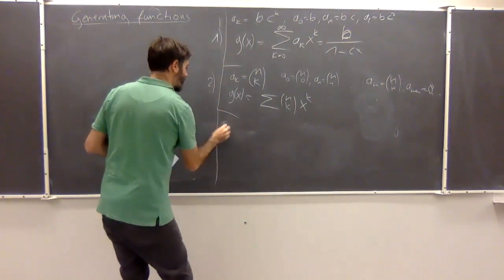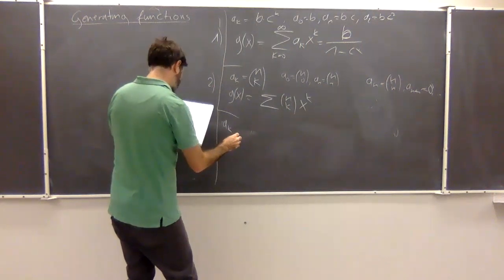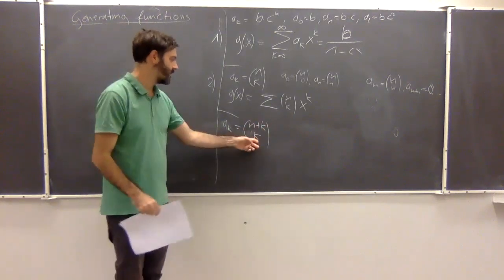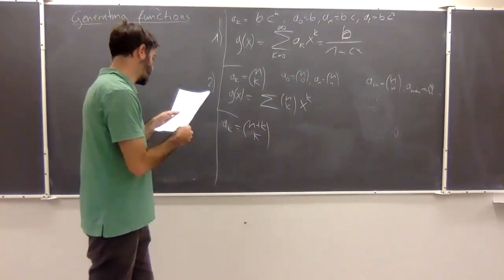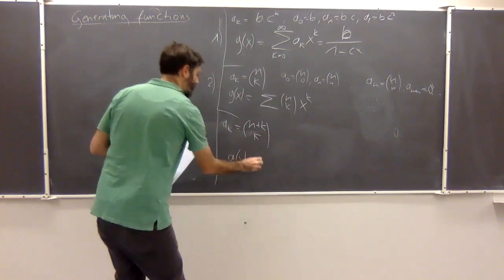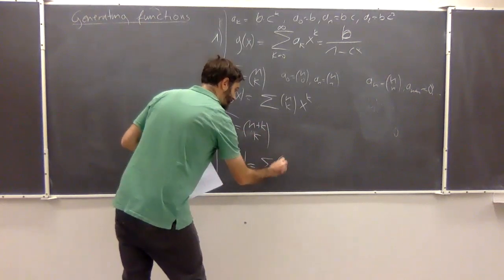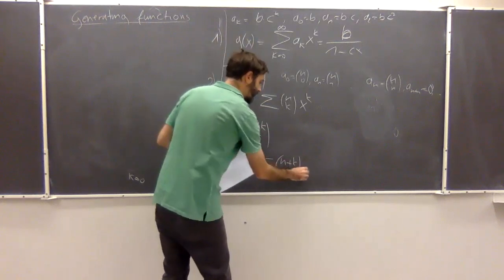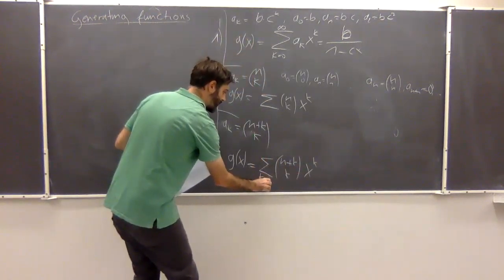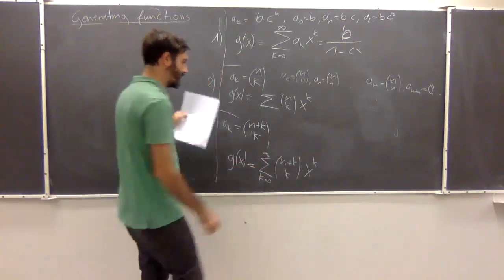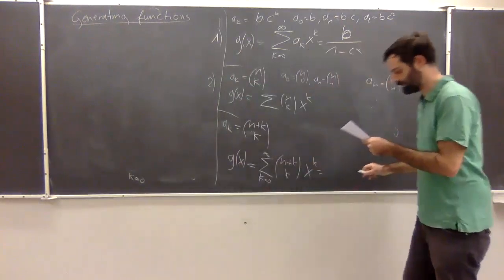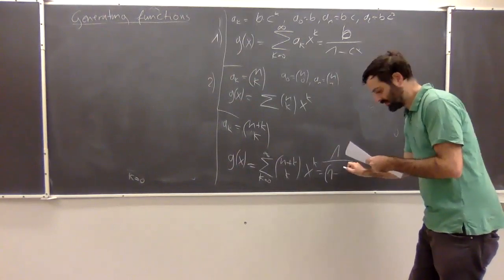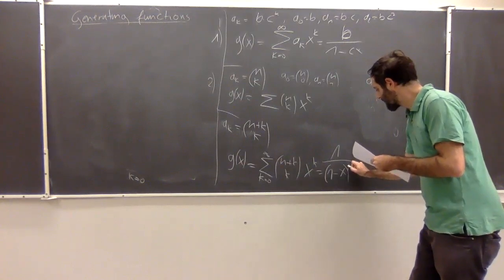So if my AKs happen to be n plus k, choose k, so I'm taking k elements out of n plus k elements, then g of x is equal to the sum over n plus k over k, we are interested in, times x to the k, so k is 0 to infinity, and that turns out to be 1 over 1 minus x to the power k plus 1.